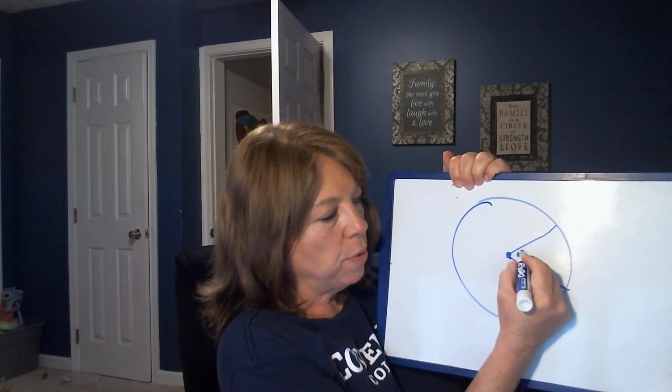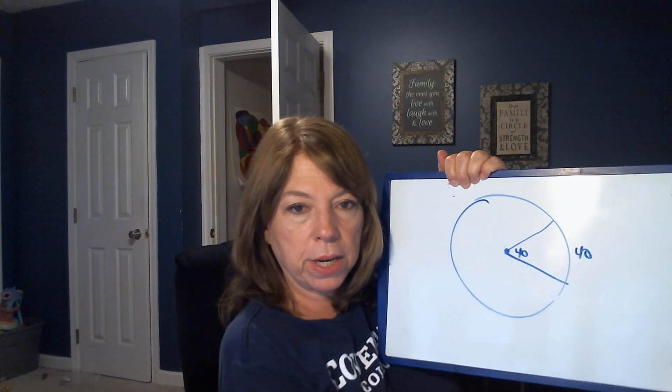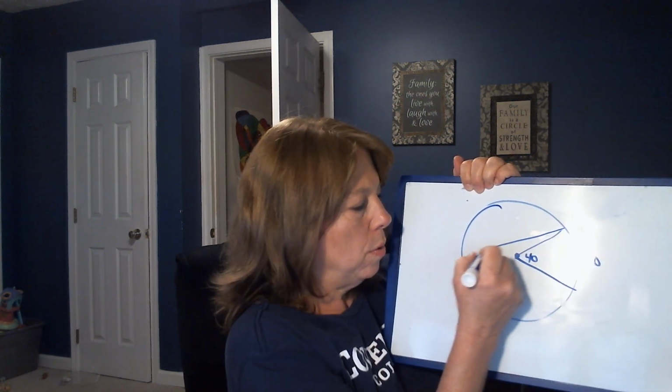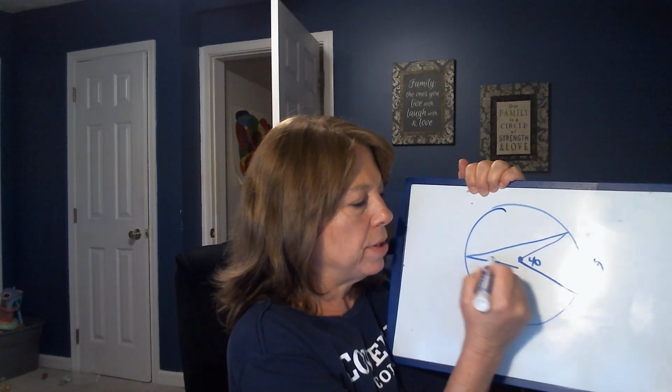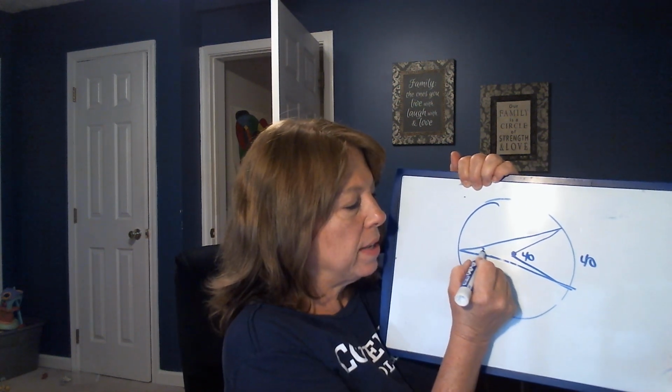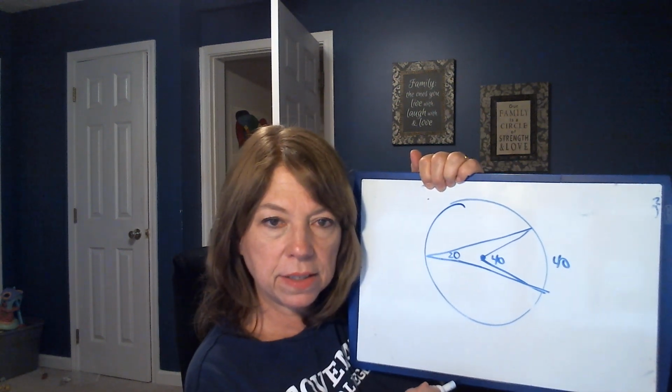If this is 40 degrees, this one's going to be 40 degrees. An inscribed angle will go all the way to the other side, touching at both points, so this one is going to be half of that. It'll be 20. You can see those options down there at the bottom. Okay, turn the page.